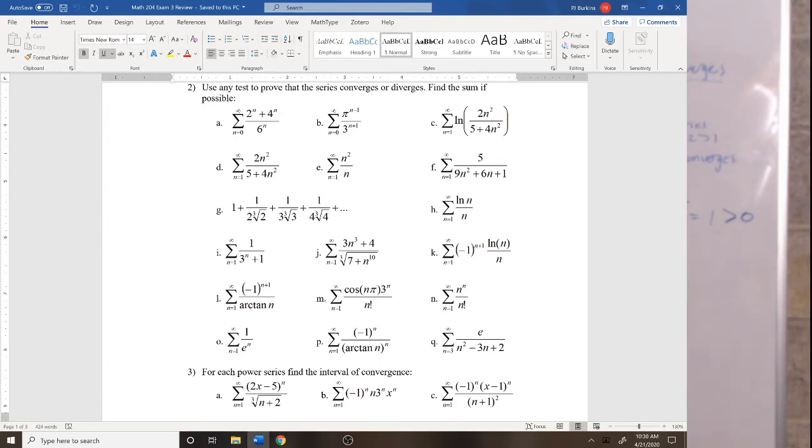Would that one be root? So that was P. Yeah, I would use the root test on that one. Yep, good, good. What else do we got here? What about J?